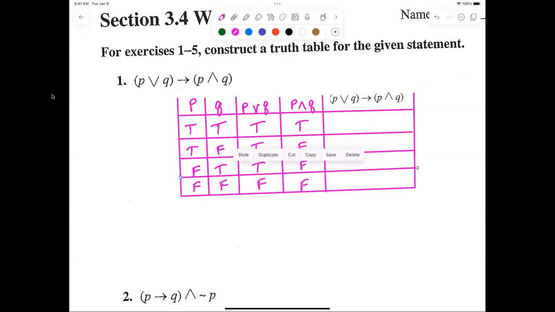Now everyone try to fill in the last statement for me. Oh, come on. All right, well, forget it then.